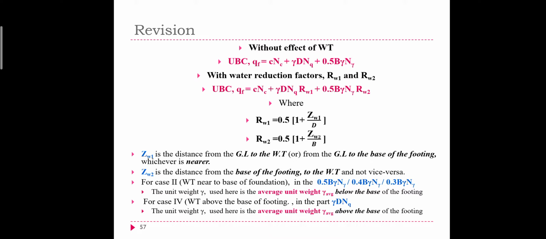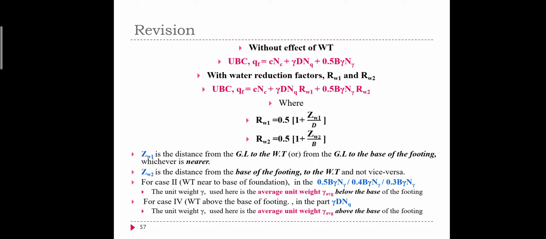Then ZW2. What is ZW2? What is RW2? 0.5 into 1 plus ZW2 by B. Now what is ZW2? ZW2 is the distance from the base of the footing to the water table. If these two are fixed in your mind, it is very easy to find ZW1 and ZW2.